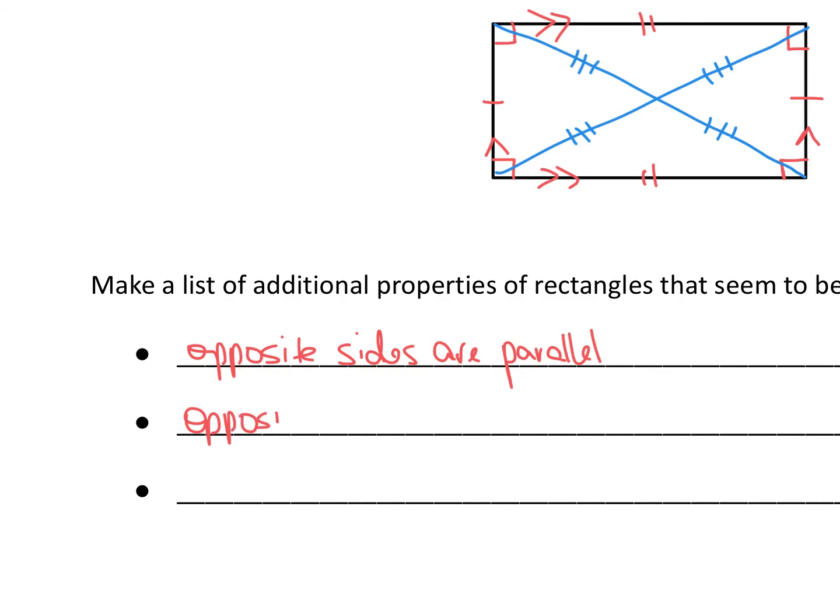Opposite sides are congruent. Okay. We can also say that opposite angles are congruent.